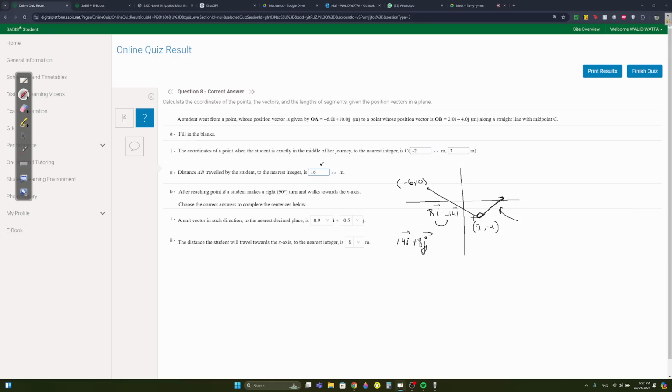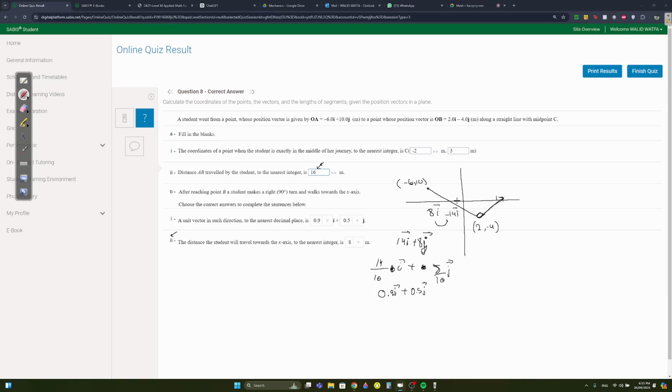Just like this. So we have 14i plus 8j, and we're going to divide by the magnitude 16. We're going to get 14 over 16 i plus 8 over 16 j. And when you divide, you're going to get 0.9i plus 0.5j.